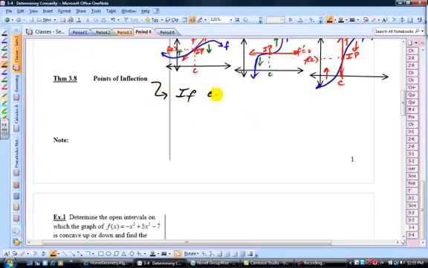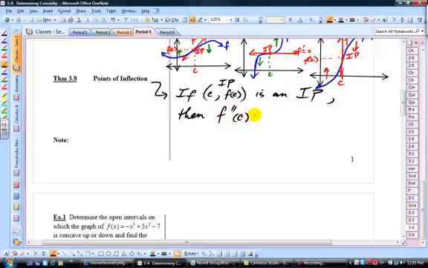If C, f of C is a possible inflection point, if it is an inflection point, all right, then f double prime at C equals 0, or the second derivative evaluated at C does not exist. Okay, meaning that it's not differentiable at x equals C.